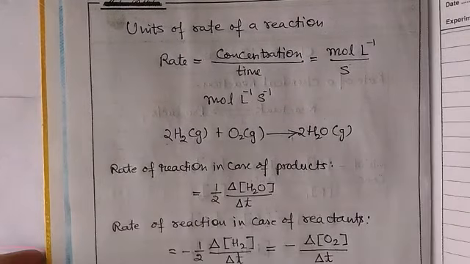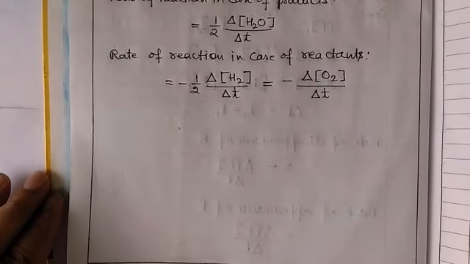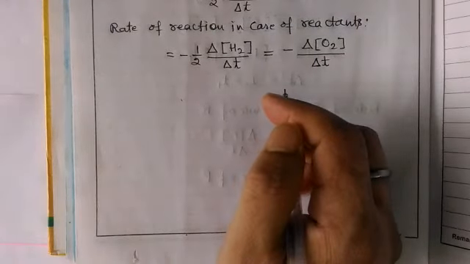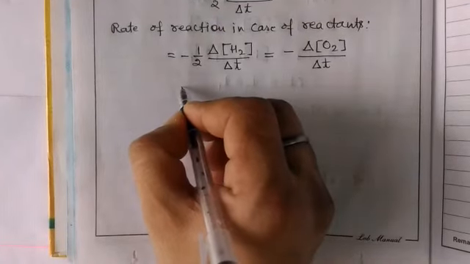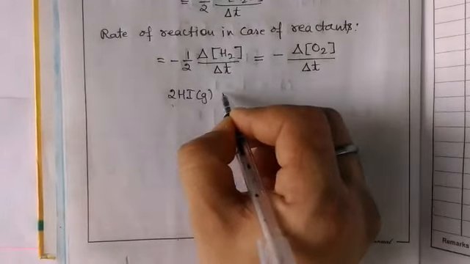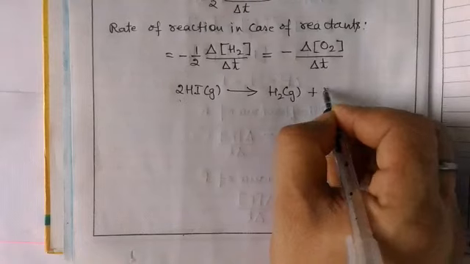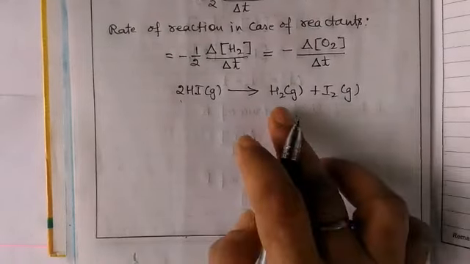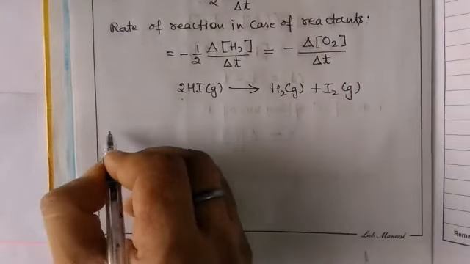Let's make some space for the reaction. Let's take an example of the reaction taking place between hydrogen and iodine, the decomposition of hydrogen iodide. It will be much better to understand. You have to take care of these values. Now this is the chemical decomposition of hydrogen iodide forming hydrogen and iodine. Let's note down the rate of reaction.